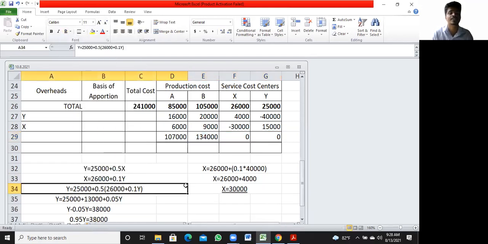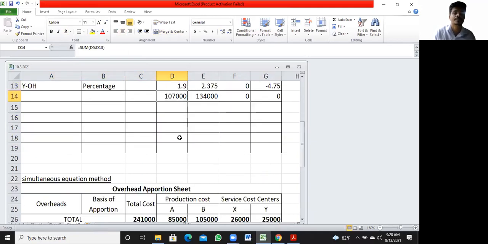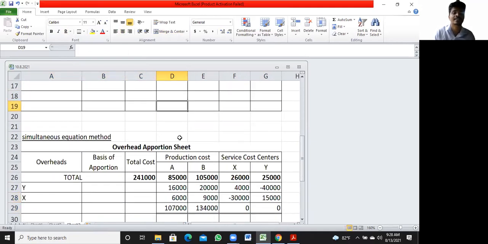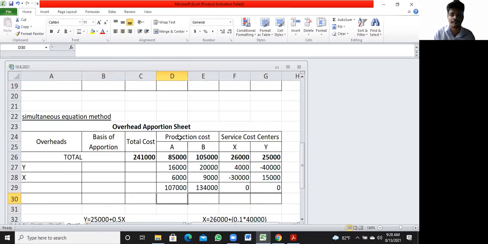Service cost centers have no value collected. We should get an answer close to the earlier one. Yes, we are having the same answer. See, this method is rational as well as easier than the previous one.